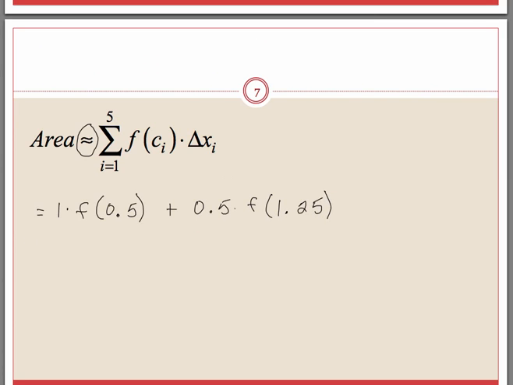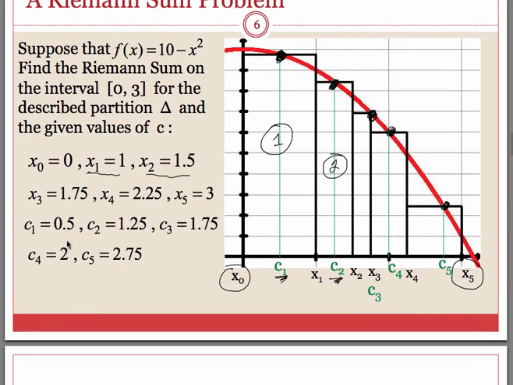All right, third rectangle. The third rectangle is the skinny one, this one right here. That's going from x2 to x3. So that has a width of just 0.25. And notice the height of that, it's actually this right endpoint right there. Notice how C3 and x3 are really the same numerical value.